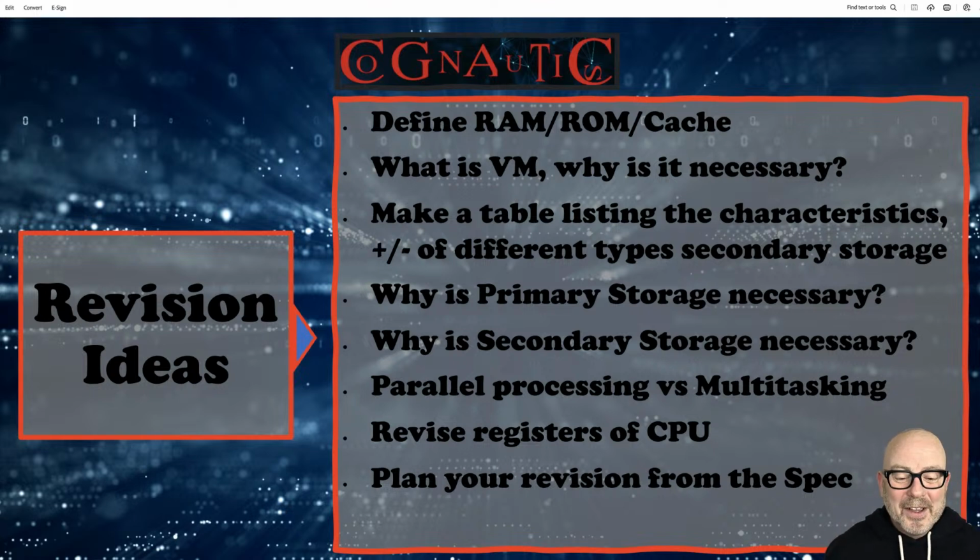Those are the 6 that you need, and that's why it helps to have that mnemonic. Why is primary storage necessary? We know that now. Why is secondary storage necessary? Parallel processing versus multitasking I covered last time. Have a look at those registers.